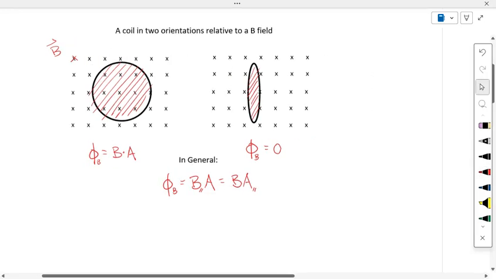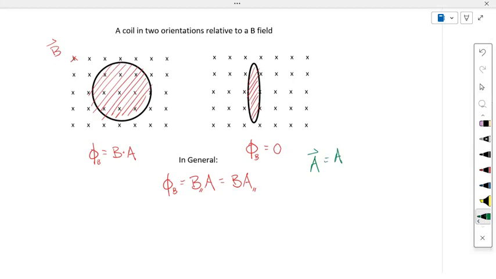This area vector has a magnitude A and points in the n hat direction, the normal. This is n hat, normal to, which means perpendicular to, the surface created by a loop, or any form you want.